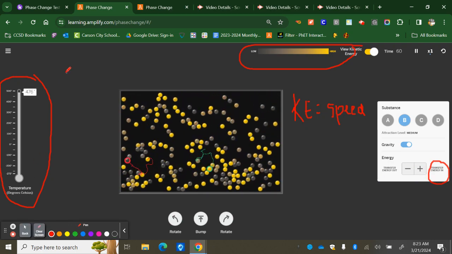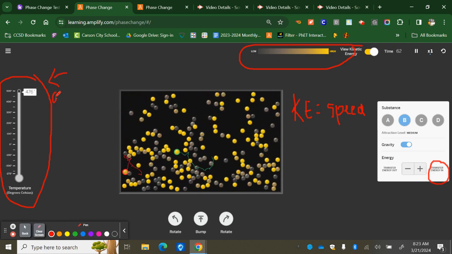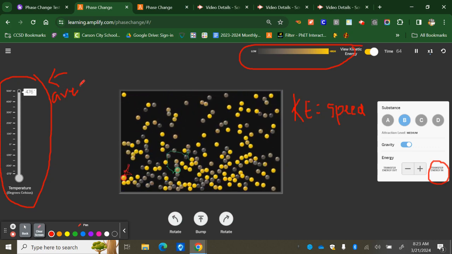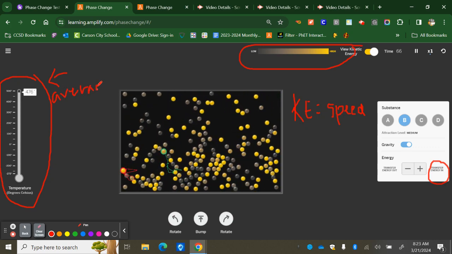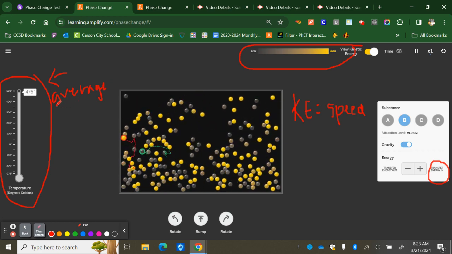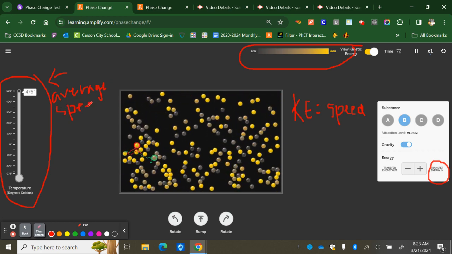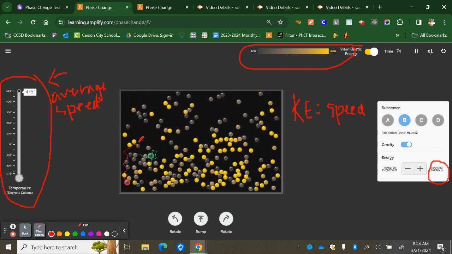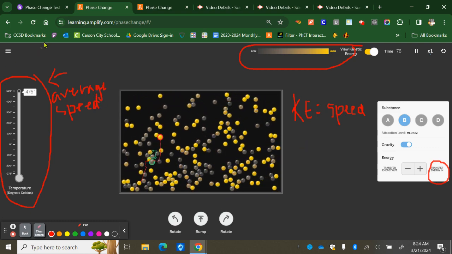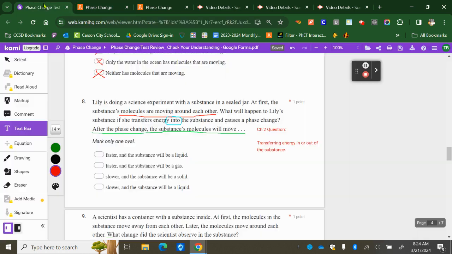We also know that temperature is the average speed. So if my temperature is increasing, that means my molecules' speed is increasing, right? So what did we just learn and observe in the sim?